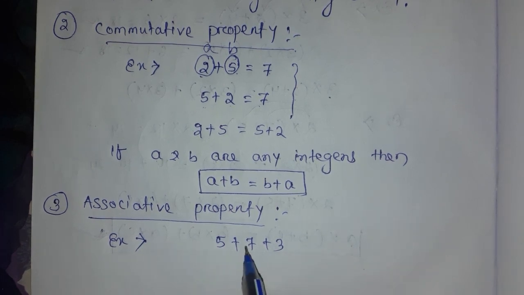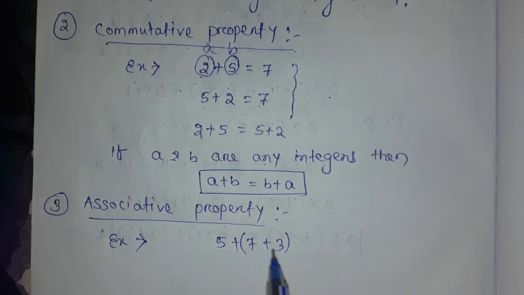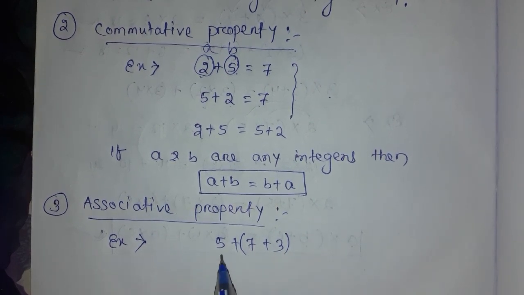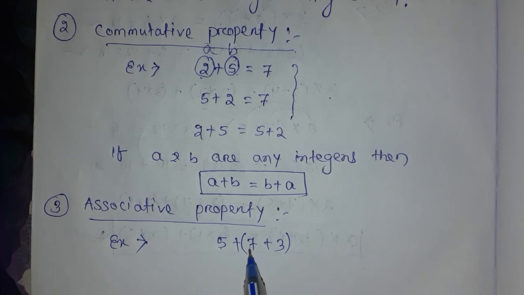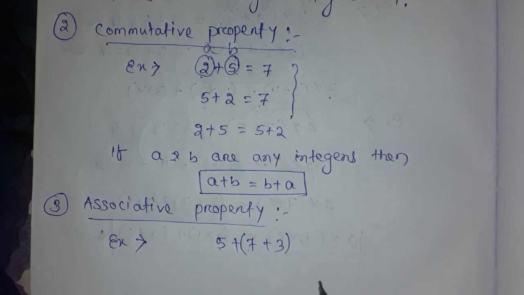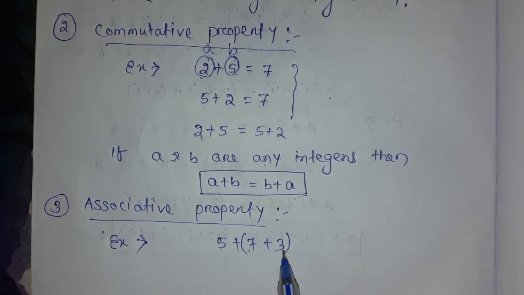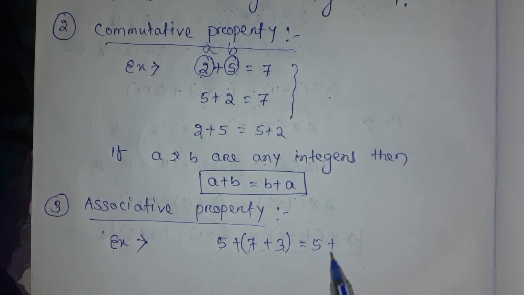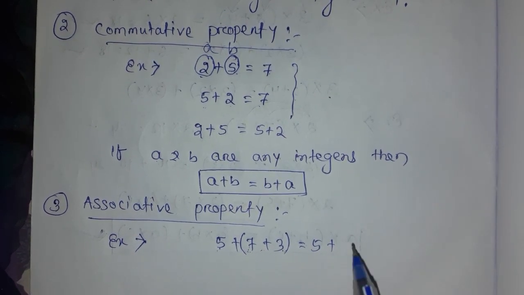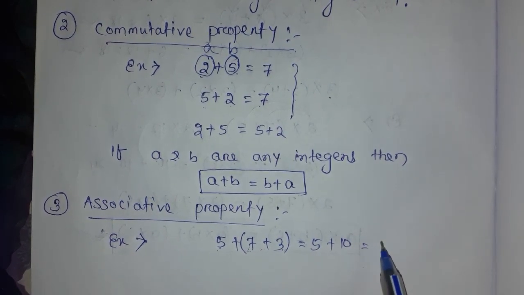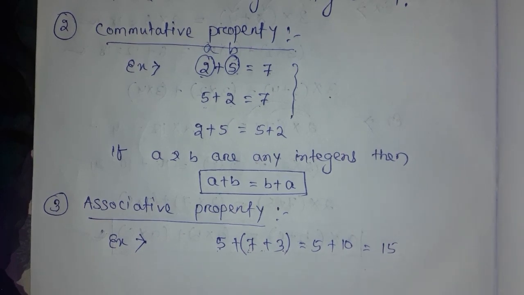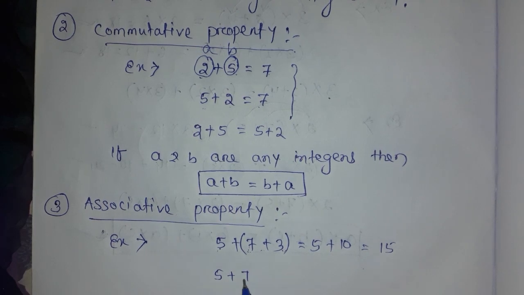I will apply one trick here. 5 is the first number, 7 is the second number, 3 is the third number. At first I add the second and third numbers, then to this result I add the first number. 5 plus the second plus the third: 7 plus 3 is 10, and the result is 15.